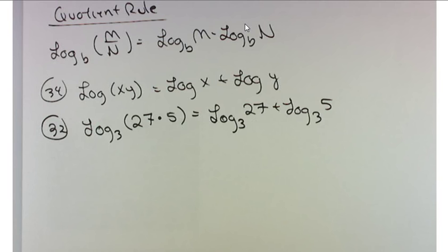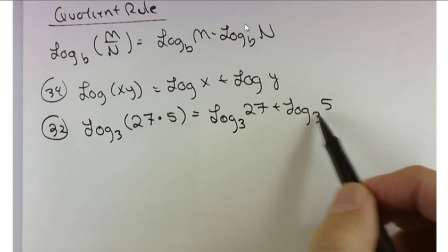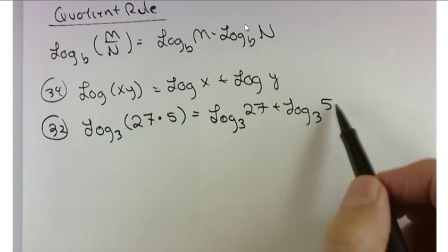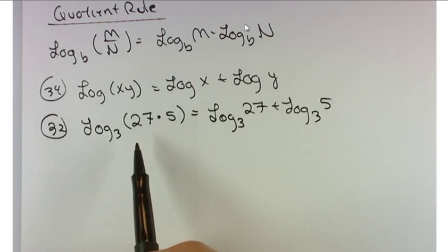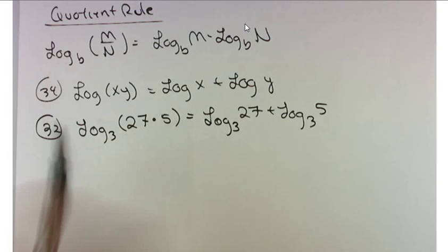Minnie? Is the plus log 3, 5, is that all... 3 is a subscript, so that's the base. So it's log base 3 of 5. Is all of it subscripted up? Well, the 3 is on one line. Here, let me show it to you from the book.